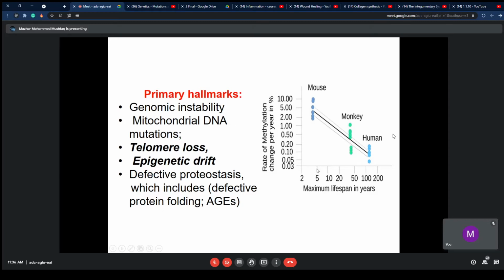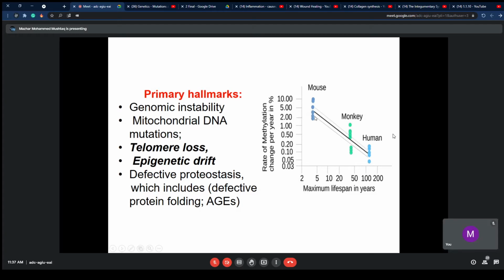As we go older and older, this methylation decreases progressively. You can see a sharp decline, and between 50 and 100 years the methylation has significantly dropped from its original amount. Even in mouse, monkey, and human, the loss is almost the same.